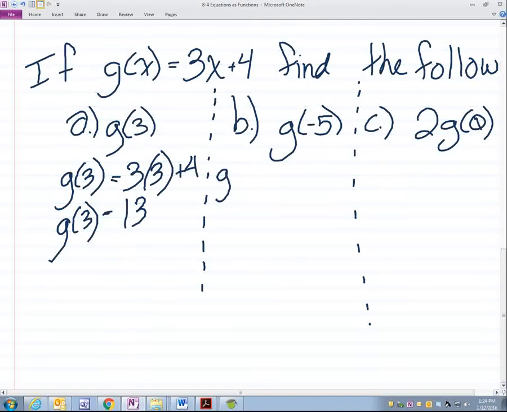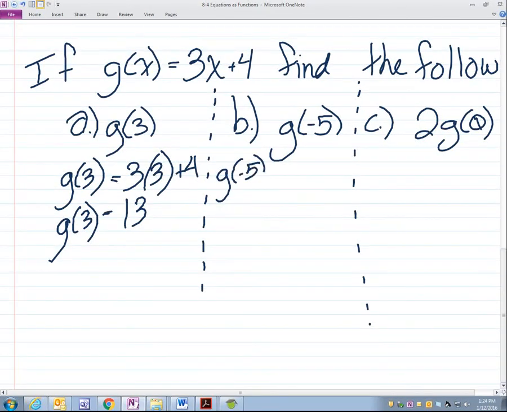Once again, same situation. I have my value for x, so I'm just going to plug that into the same exact one. Negative 15 plus 4 is negative 11.